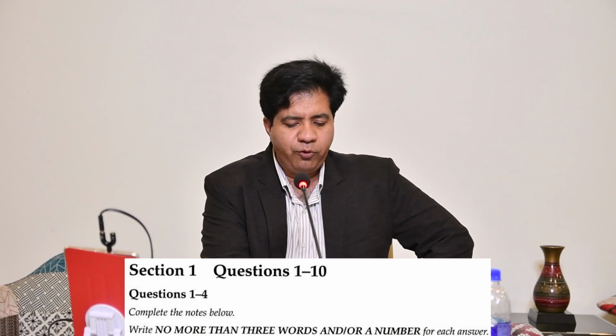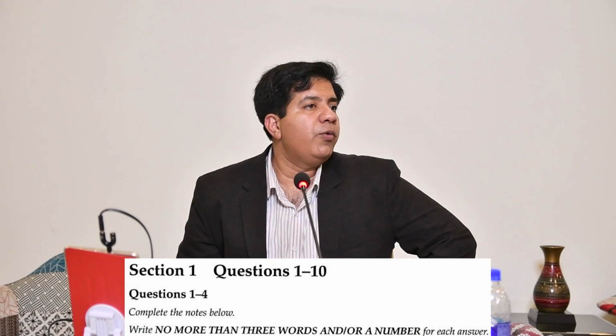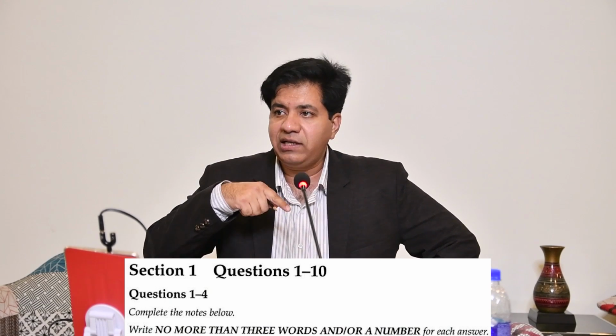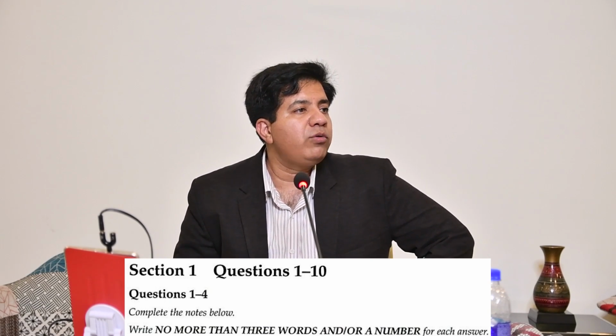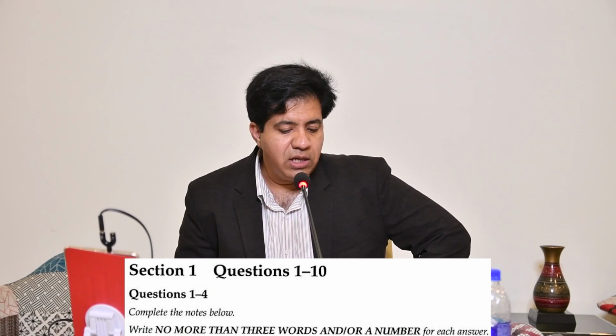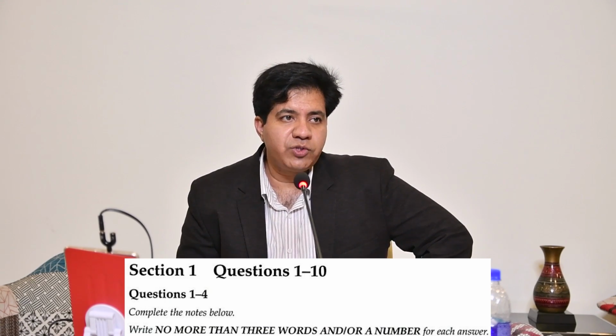So let's take a start. Listening, and we've got questions. I'll just tell you how to read and understand the questions. First, we've got questions 1 to 4. Complete the notes below. This sentence will always be in italic, and it will tell you about the question type. What is written? Complete the notes below.